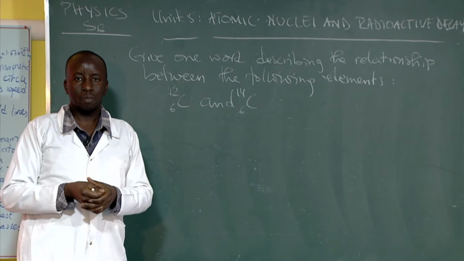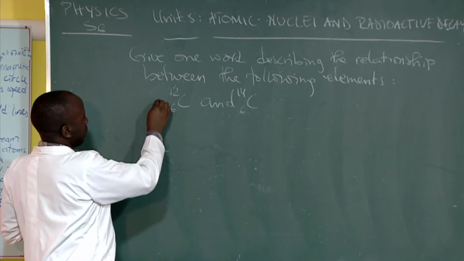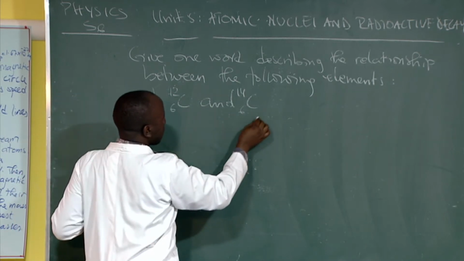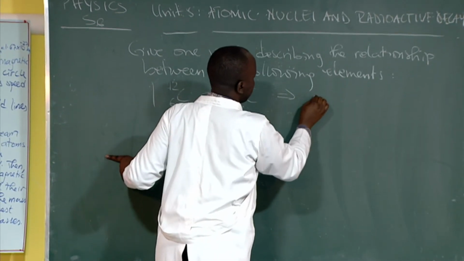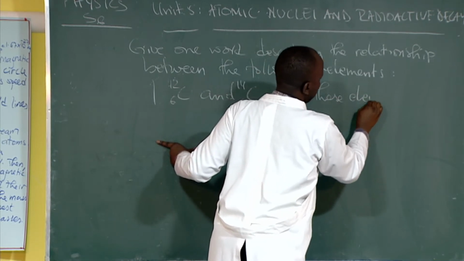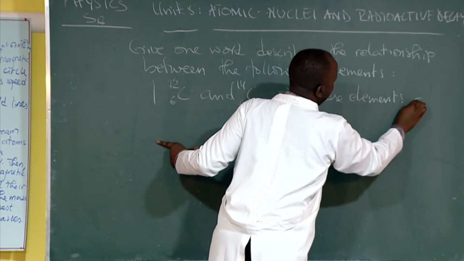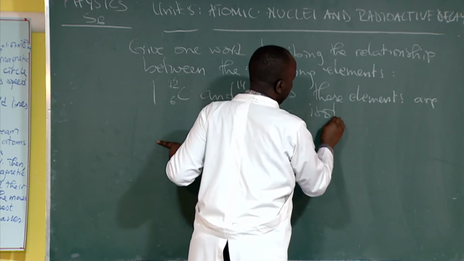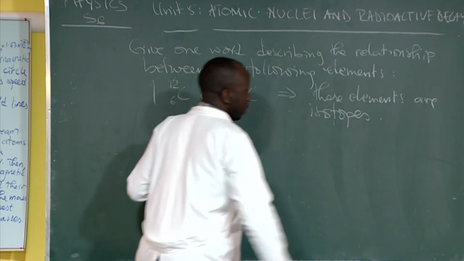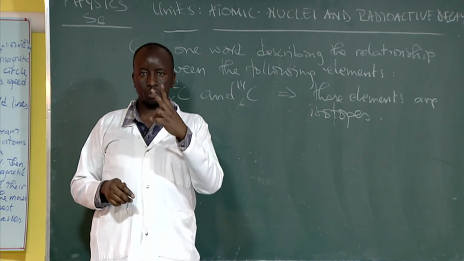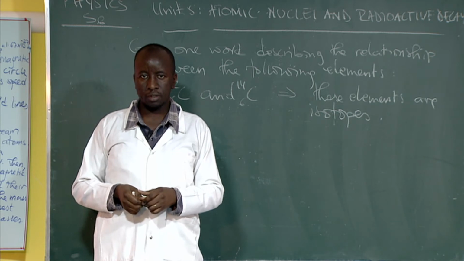Okay, students. The one word that we have expressing these two elements is: they are isotopes. Now, why am I coming back to these two elements, or to this word?